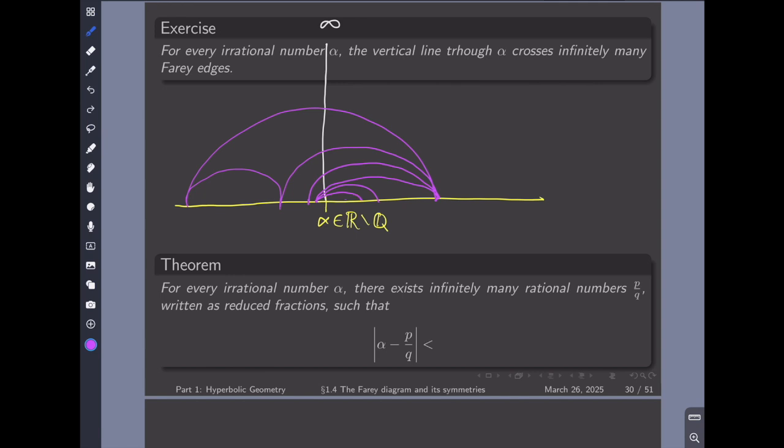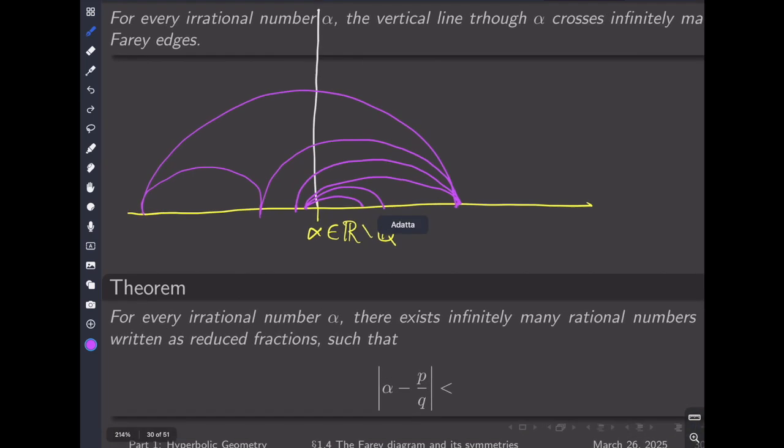My point in doing this is that it looks like a sequence of fans: a fan of things like this, and then a fan of things like this, and so on.